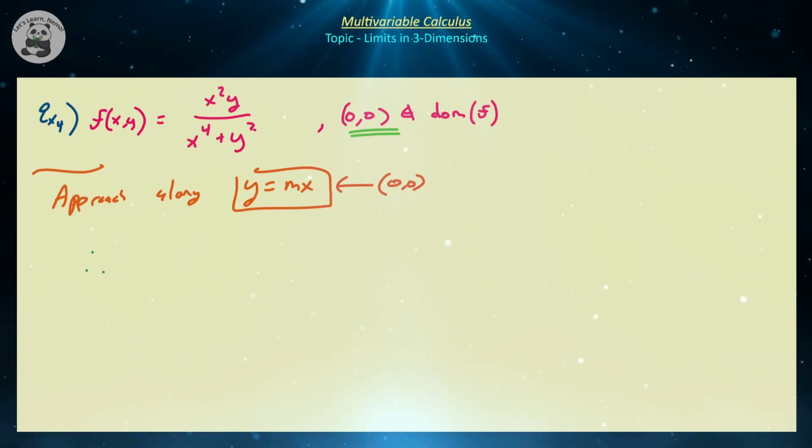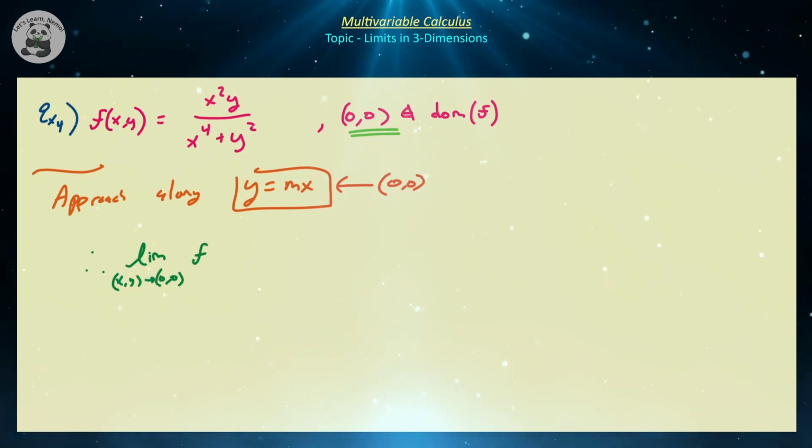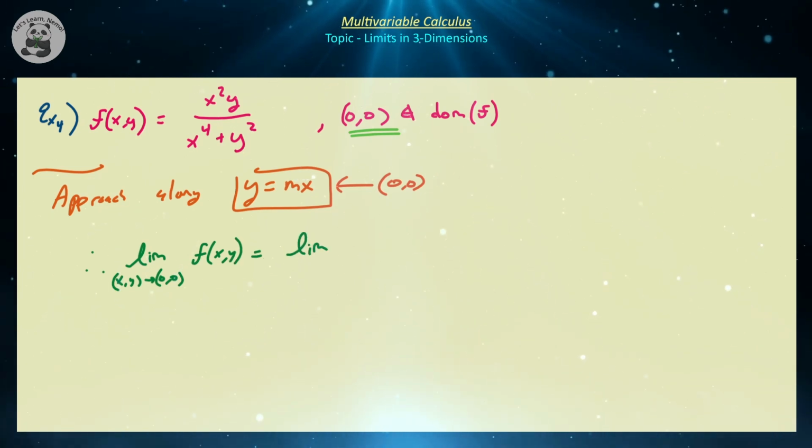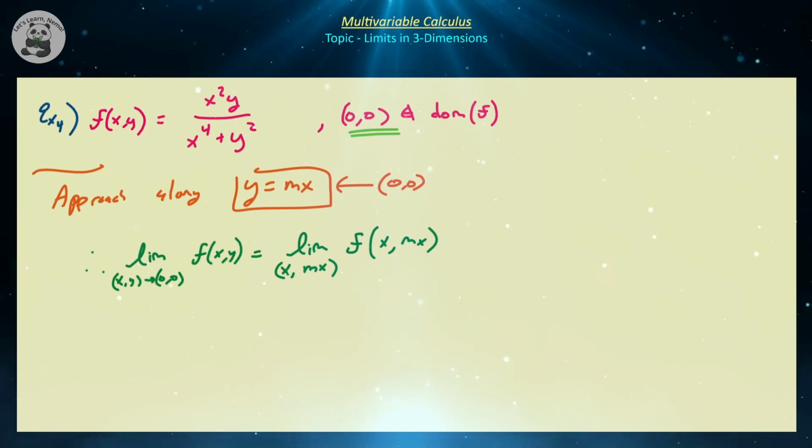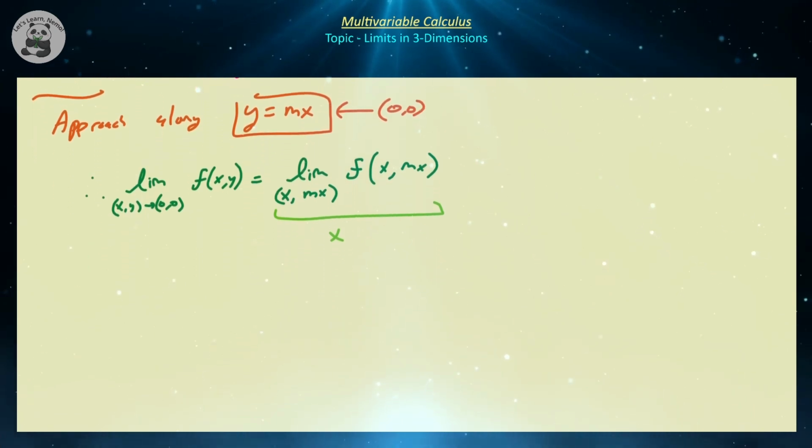If we approach along this particular line, then the limit as (x, y) approaches (0, 0) of f(x, y) will be equal to the limit as x of f(x, mx). Notice that in this there's only one variable, x, in focus here, so we can re-represent everything in terms of x only.